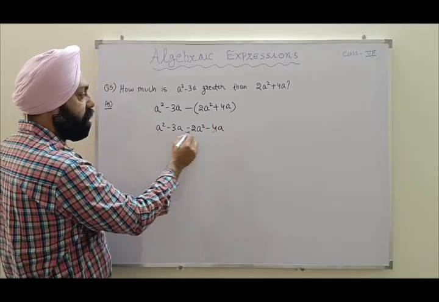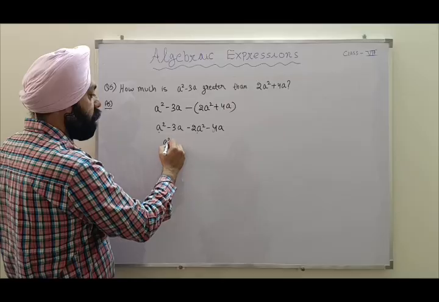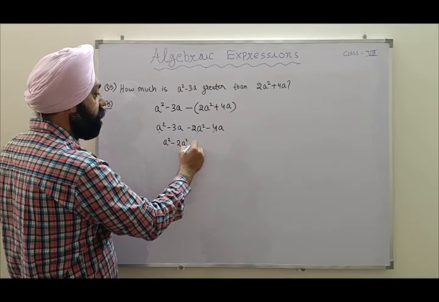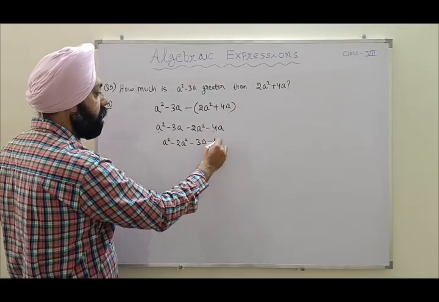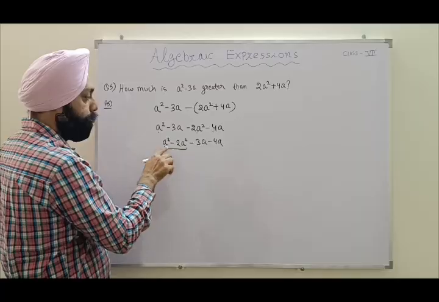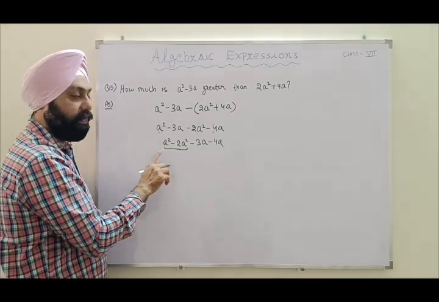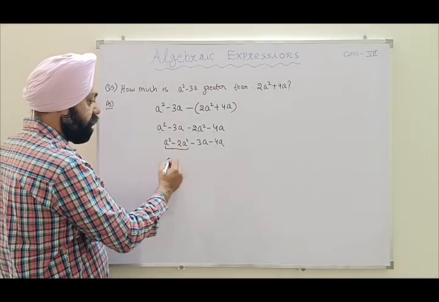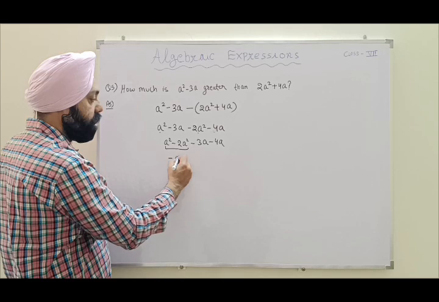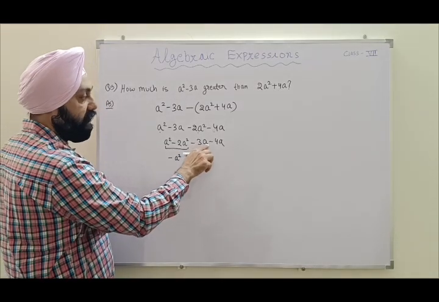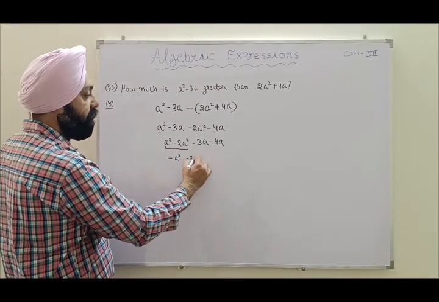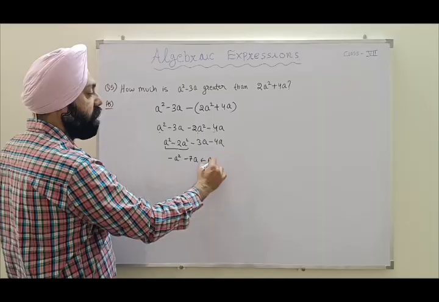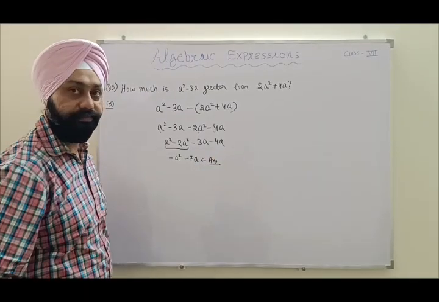Combining the like terms, a square and minus 2a square, minus 3a and minus 4a. This will give, signs are different, means subtraction, sign will be of the bigger number. So it is minus 1a square or simply a square. Minus 3 and minus 4 will give minus 7. So this is the answer.